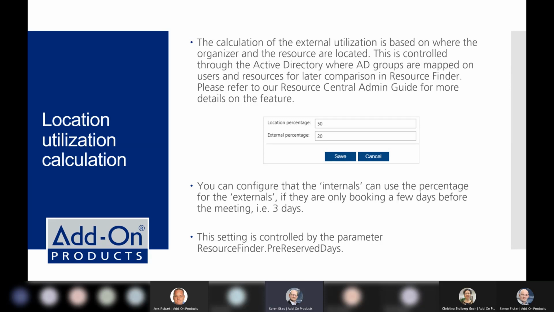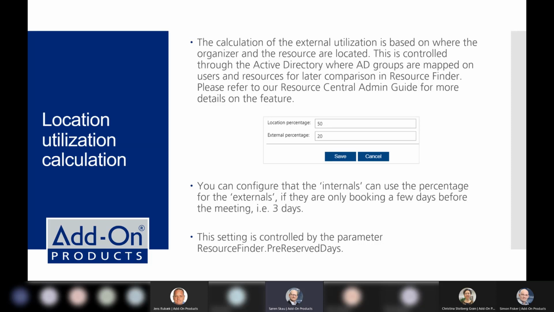This is why we talked about the AD groups in the Active Directory. We will map them on the users and on the resource. And then Resource Finder will actually compare it and say, well, if you are booking this, are you in the same AD group as the room?